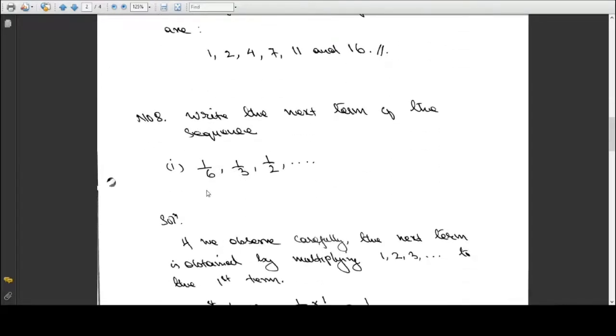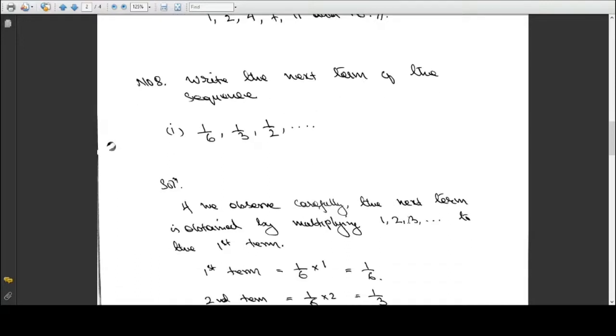Now, in the solution, if you observe carefully, we see that the next term is obtained by multiplying 1 to the first term, 2 to the first term to get the second term, 3 to the first term to get the third term. See here, if you multiply 1 by 6 by 1, you get 1 by 6.